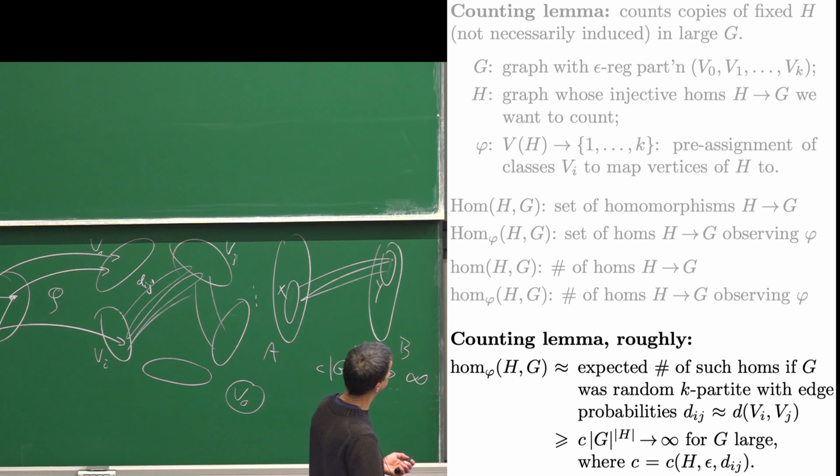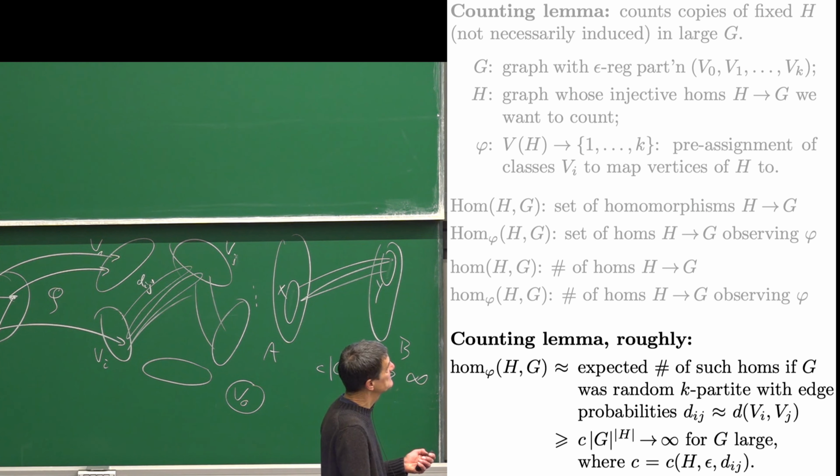Okay, in particular, this constant c depends on h, which we consider as fixed, on the epsilon that is the basis for this epsilon regular partition, and the actual densities dij.